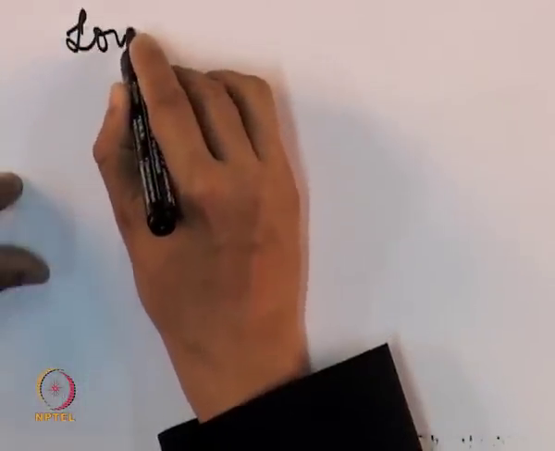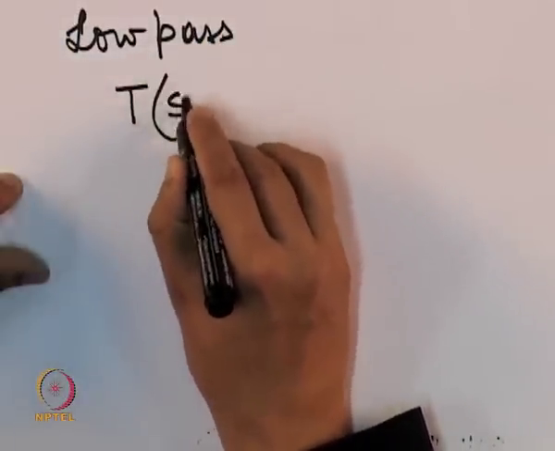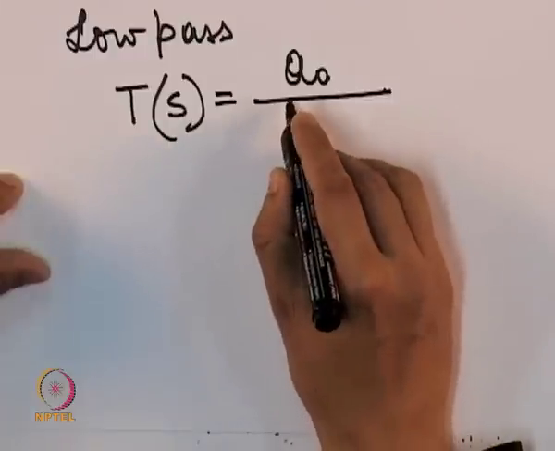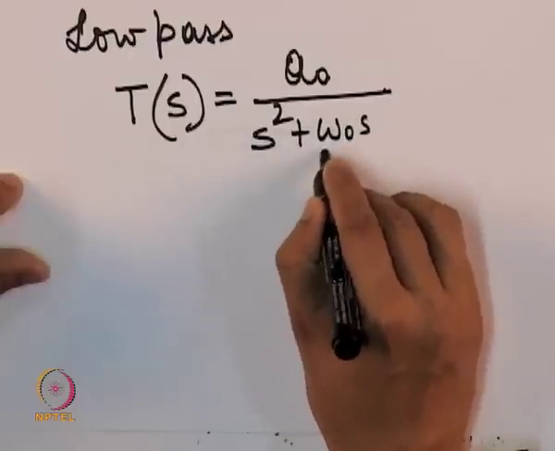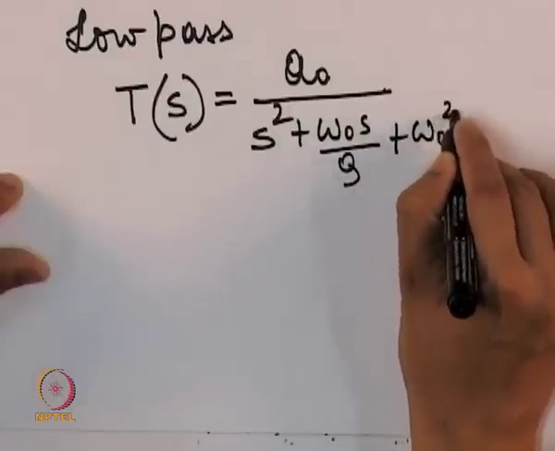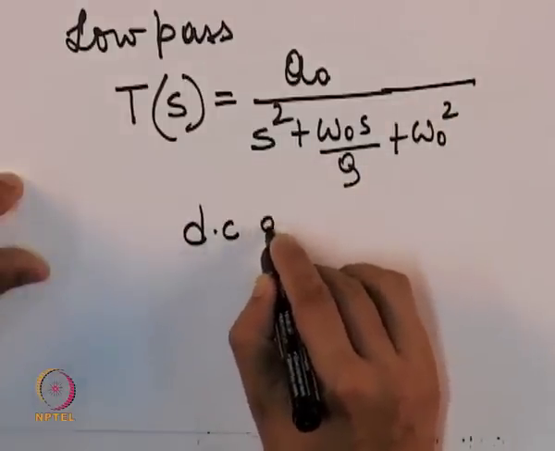Let us once again go back to the pole positions of our low pass and high pass and band pass prototypes. So, a second order low pass filter will have a transfer function like this, with a DC gain.